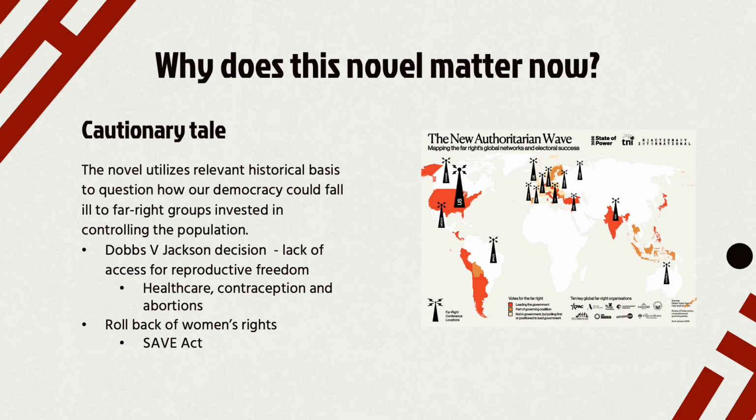Most notably, I think under a certain presidency, we've realized how easily our democracy revokes rights afforded to women and marginalized groups and minority groups that were only afforded to them recently. For example, the Dobbs versus Jackson decision was the landmark case which revoked Roe v.